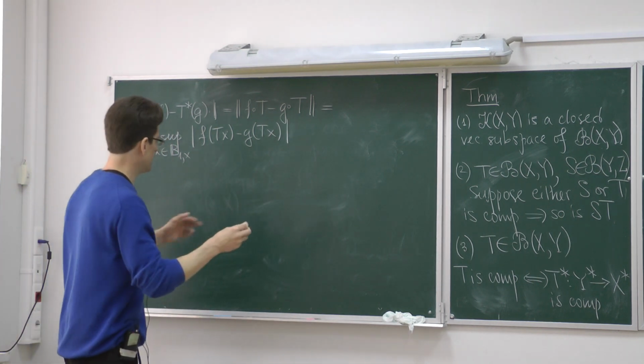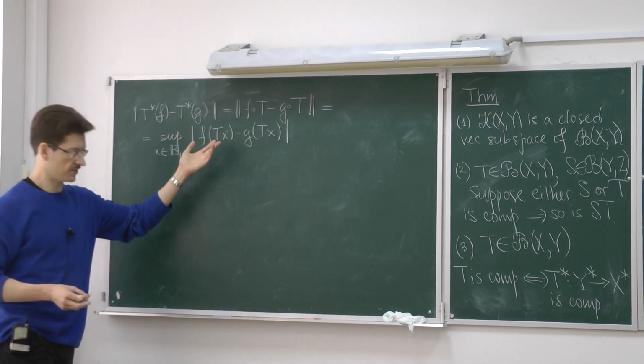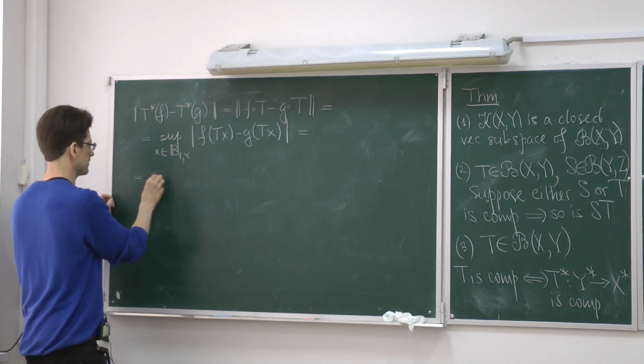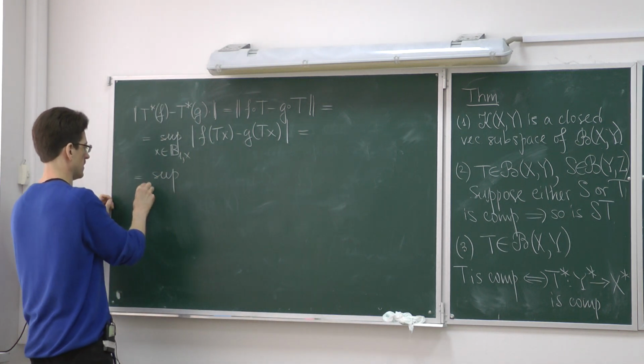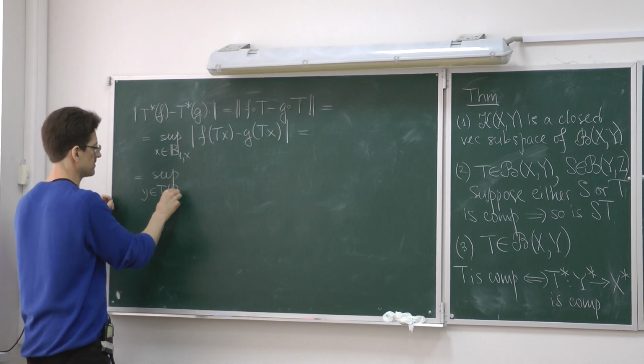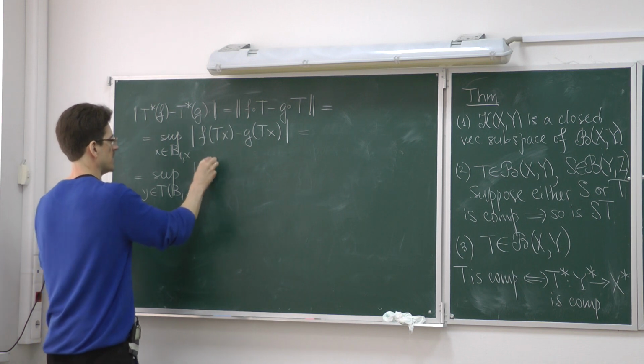Or equivalently, when x runs over the unit ball, T of x runs over the image of the unit ball. So we can write this in the following way: the supremum over the image of the unit ball, f of y minus g of y.